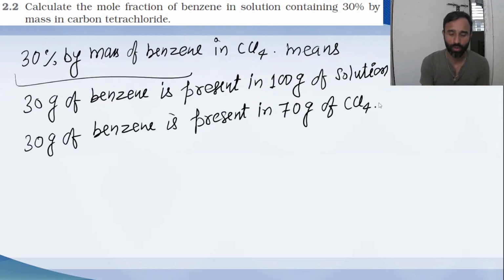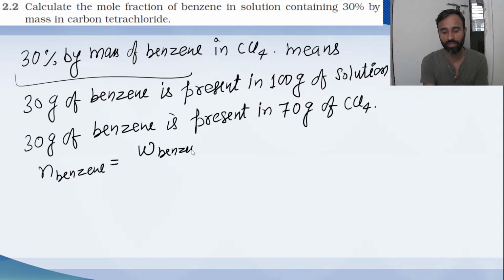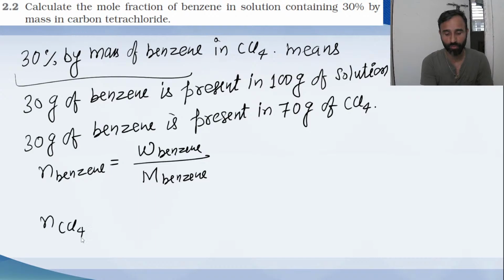So now, as weight of benzene and weight of CCl4 is given, you can calculate number of moles of benzene, that is equal to mass of benzene divided by molar mass of benzene, and number of moles of CCl4 is equal to weight of CCl4 over molar mass of CCl4.